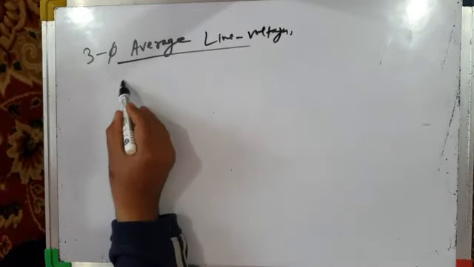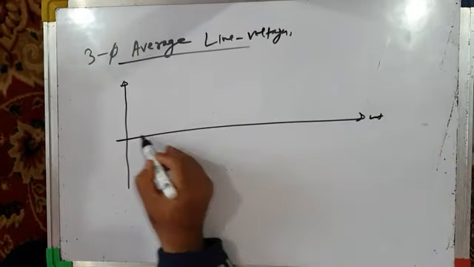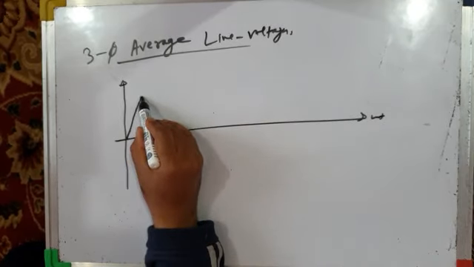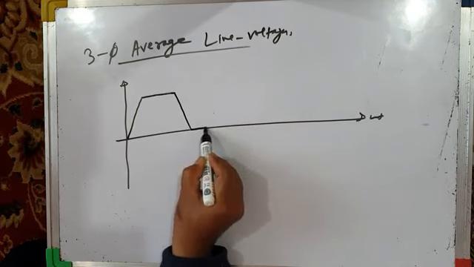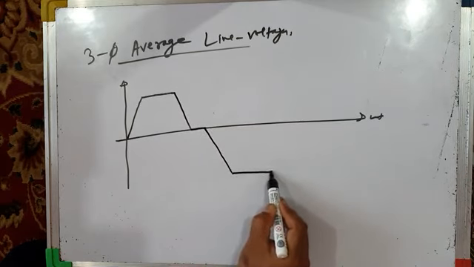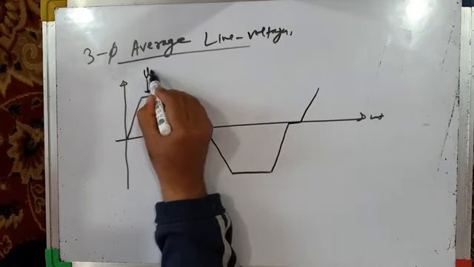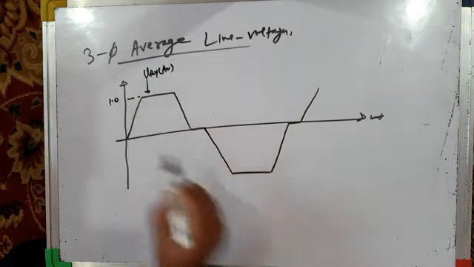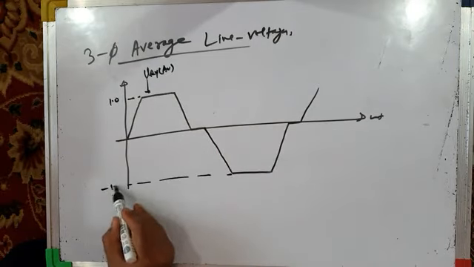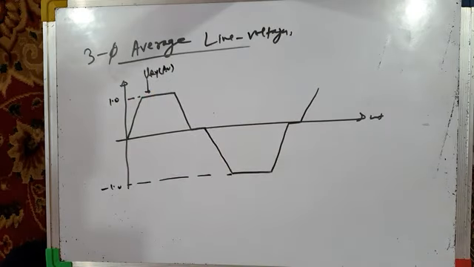So three-phase average line voltages will be like this. This is line voltage VRY average, at 1.0 and minus 1.0. So it is at 1.0 for a very large interval of time.